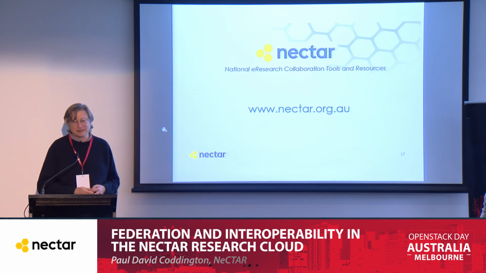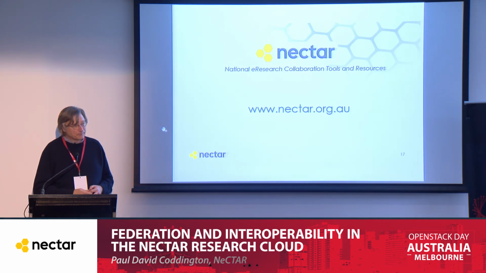What are we actually trying to help with? The basic thing, for example: Australian researchers have access to the Nectar Cloud, they're collaborating with someone from Brazil, so how does that person from Brazil get access to the cloud so they can use the resources here? That's fairly straightforward, but it's still not completely straightforward to enable that level of collaboration interoperability.